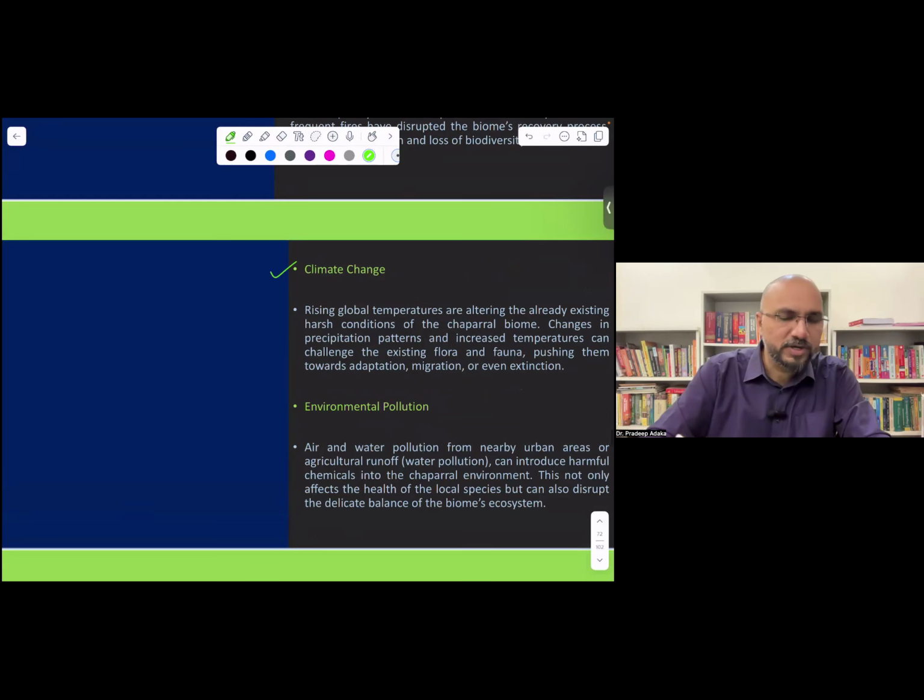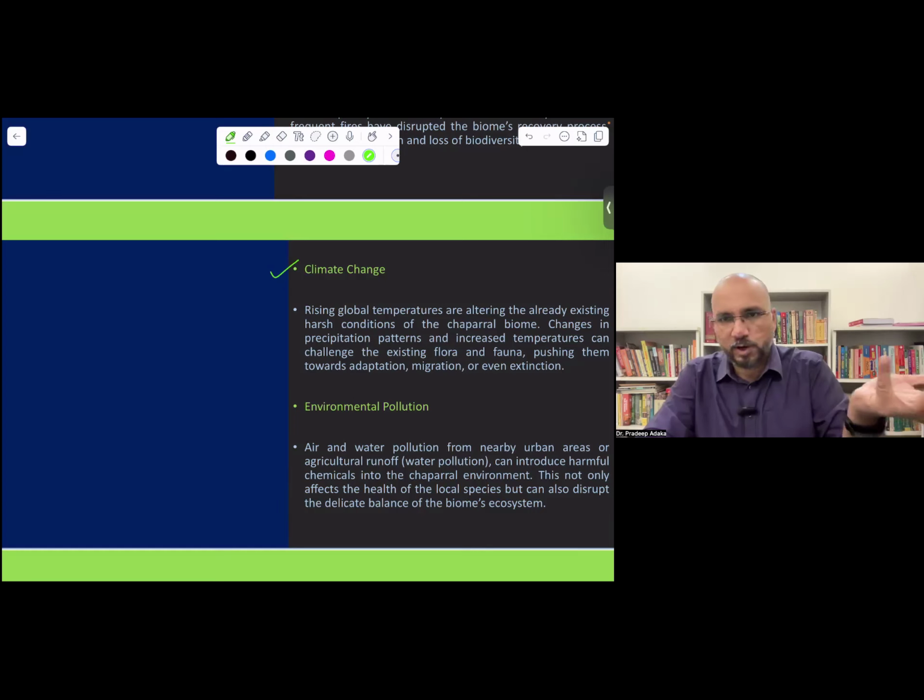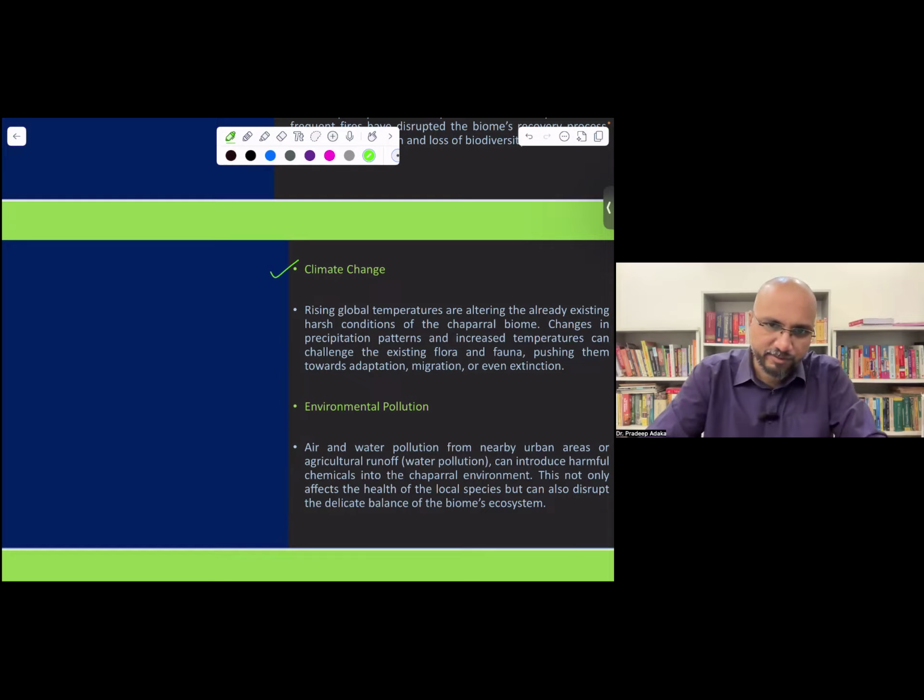Then climate change. For every type of biome this is common. Climate change will lead to different precipitation. Temperatures are increasing and precipitation patterns are changing, so this is a danger for every type of biome. This can also lead to animal migration, all those things. Then environmental pollution, this is also a threat to all kinds of biomes.